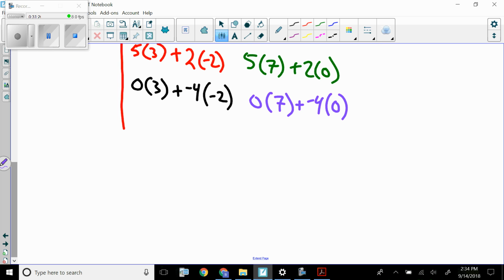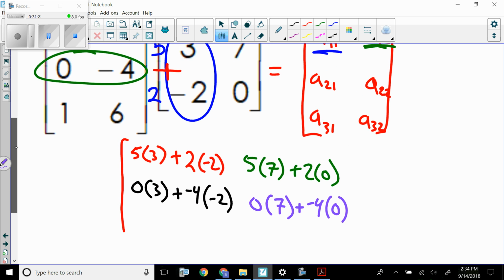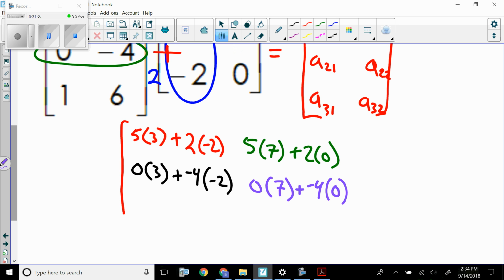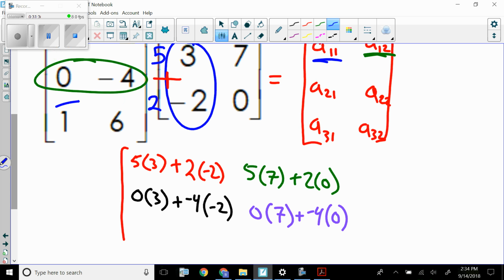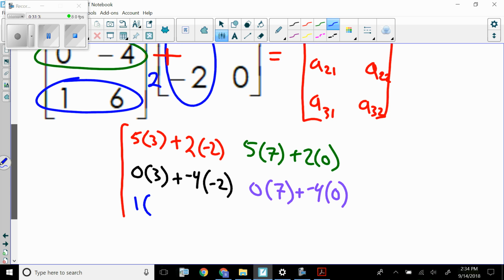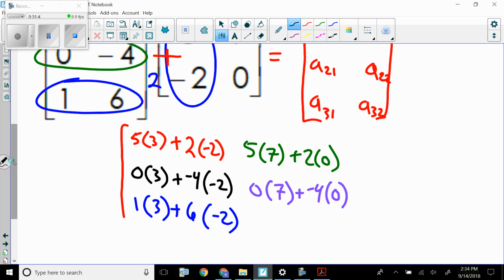That would complete the second row. If I look at the last one, I would have this row, that's 1, 6. Okay, so I'd have 1 times 3 plus 6 times a negative 2. And finally, at the end there, I would have a 1 times 7 and a 6 times 0.